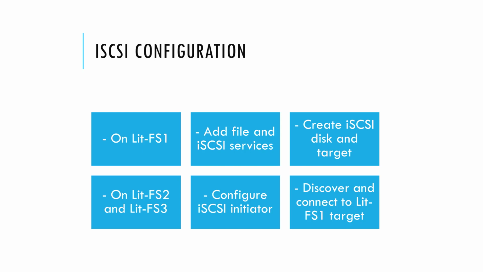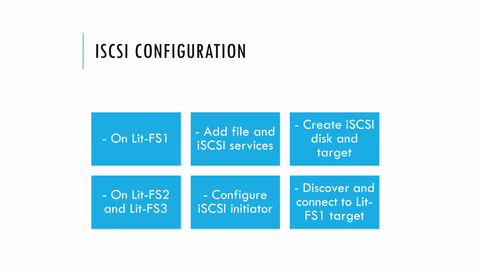Next up, we'll be configuring iSCSI. On litfs1, we'll add roles and features, file and iSCSI services. We'll create a new iSCSI disk and iSCSI target on the litfs1 server, and then we'll configure the iSCSI initiator on litfs2 and litfs3 to discover and connect to the iSCSI target on litfs1.